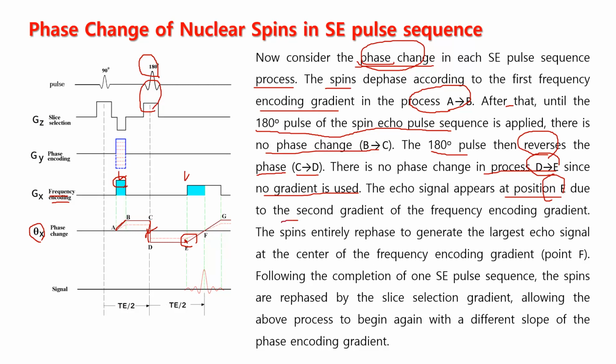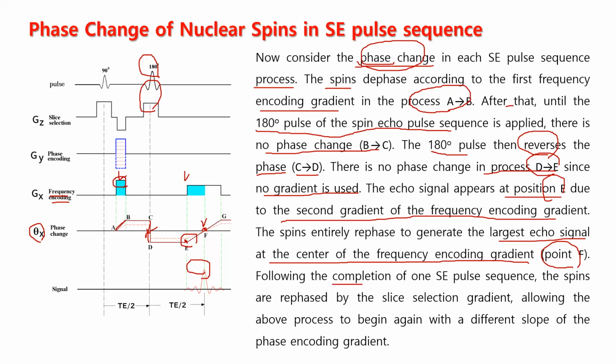Due to the second gradient of the frequency encoding gradient, the spins entirely rephase to generate the largest echo signal at the center of the frequency encoding gradient, point F. At this moment, the echo signal has its maximum. So phase is 0, right? So we have the maximum value of the signal.